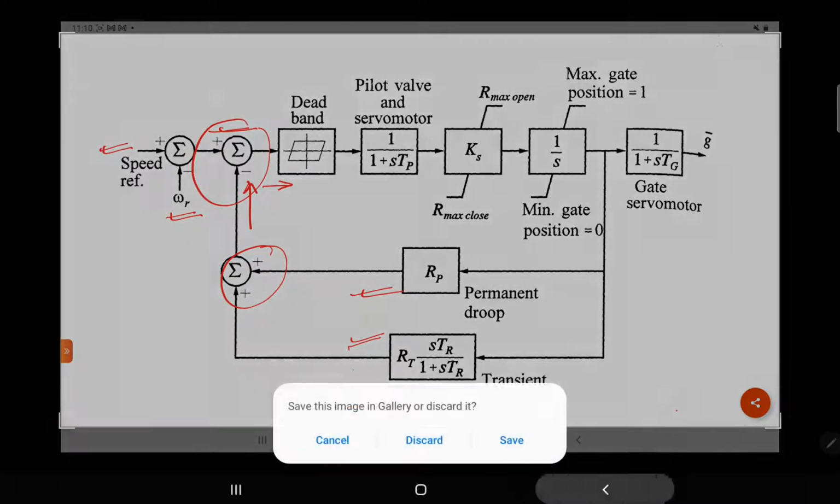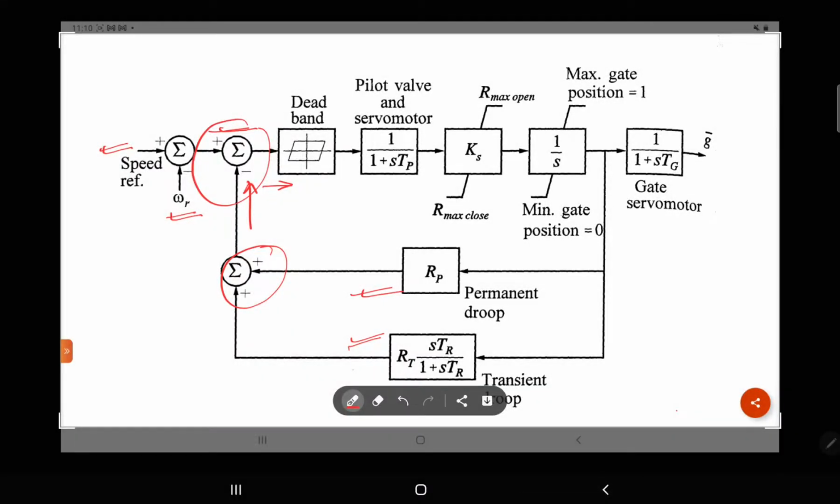Okay, so this is the pilot valve and servo motor transfer function we have calculated. Okay, r max open and r max close are simply the maximum gate opening rate and maximum gate closing rate. Okay, so this is the maximum gate position, and this is the minimum gate position.